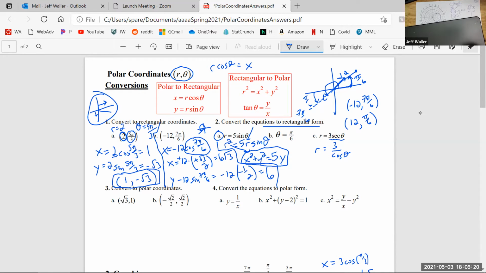Does anyone have a suggestion? Somebody else I haven't heard from. Do you have a suggestion on what to do now? What do I wish I saw next to cosine? What would be awesome to see next to cosine?